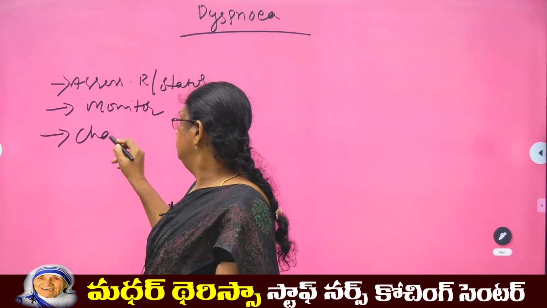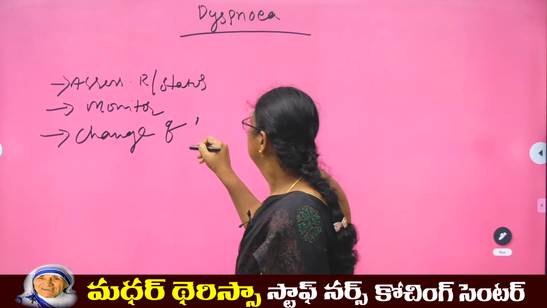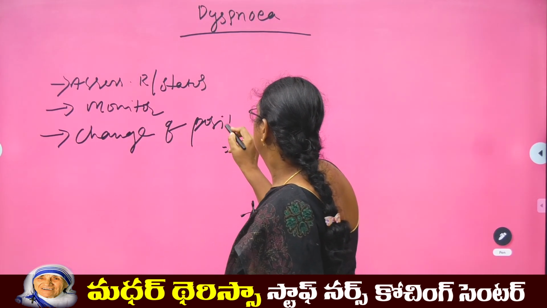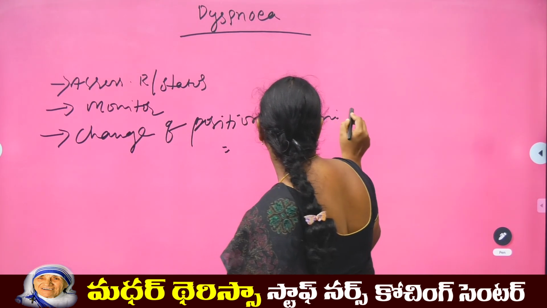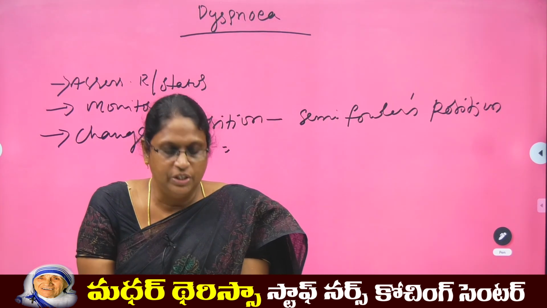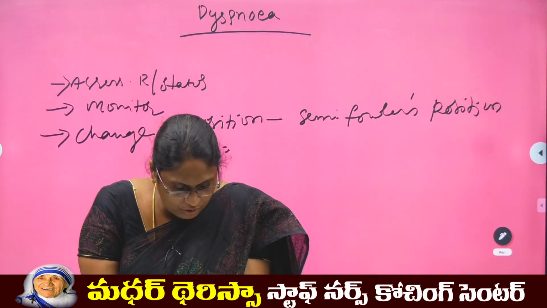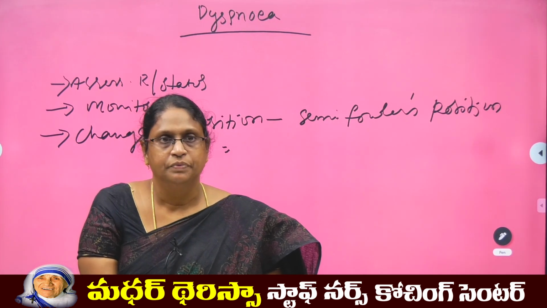Change the position. We have seen change of position, so offer semi-Fowler's position, that is 45 degrees angle, in order to improve the chest expansion.